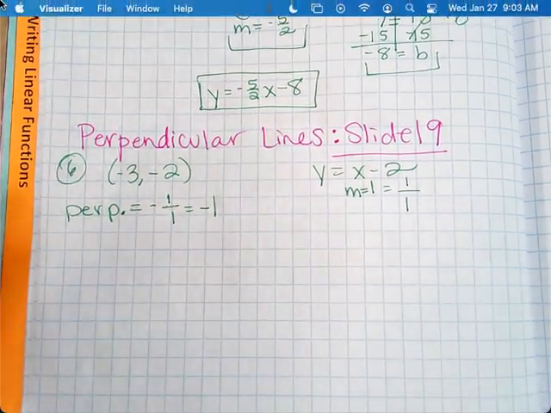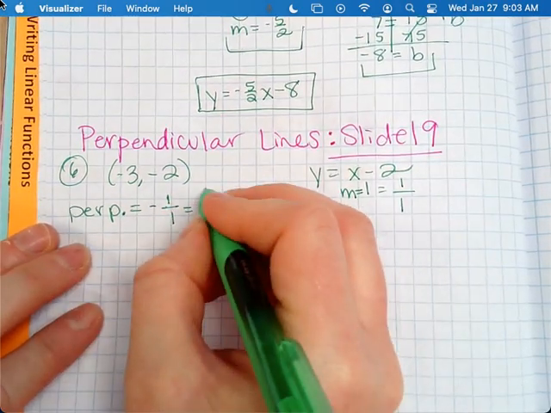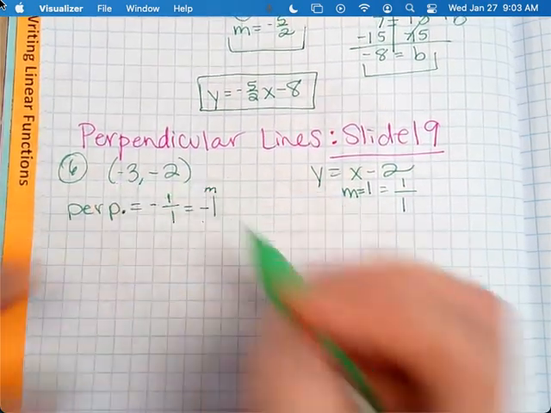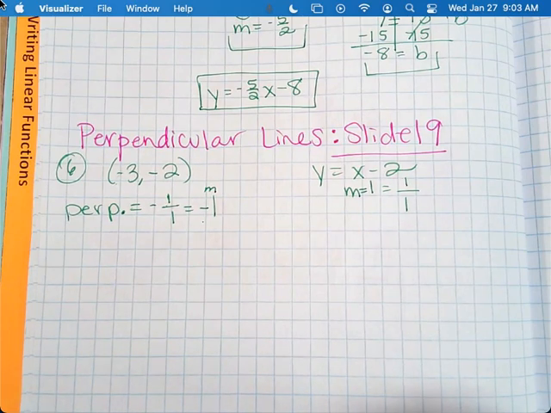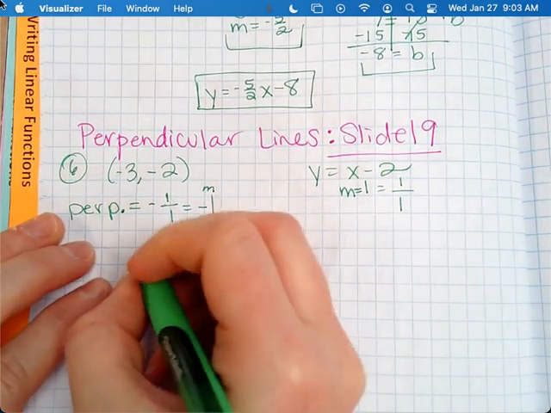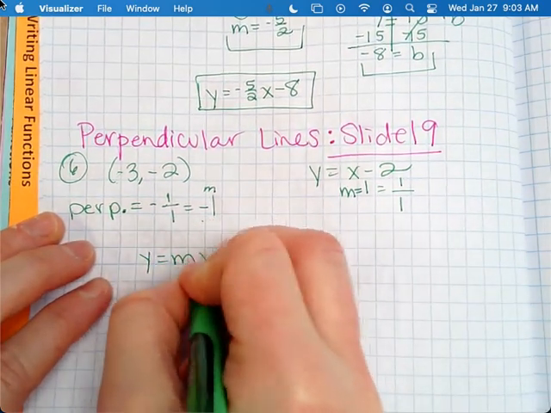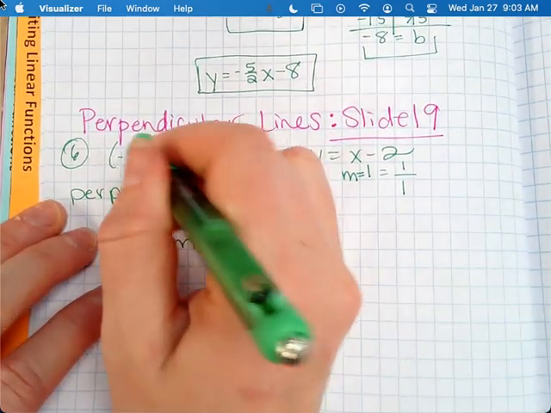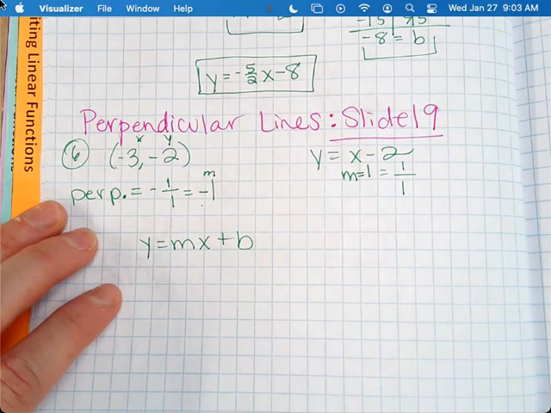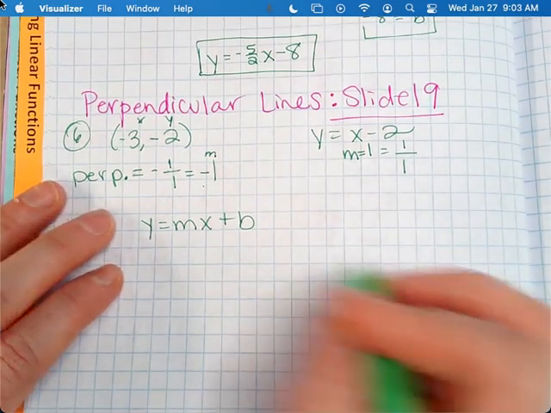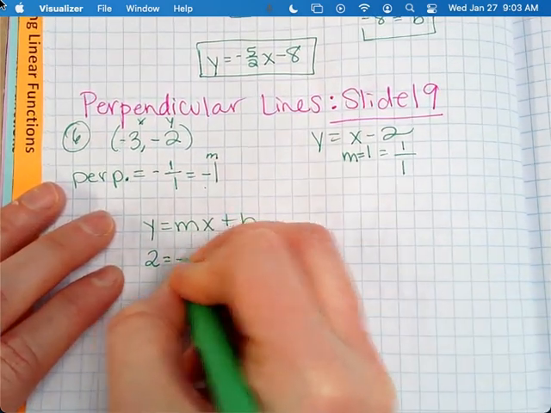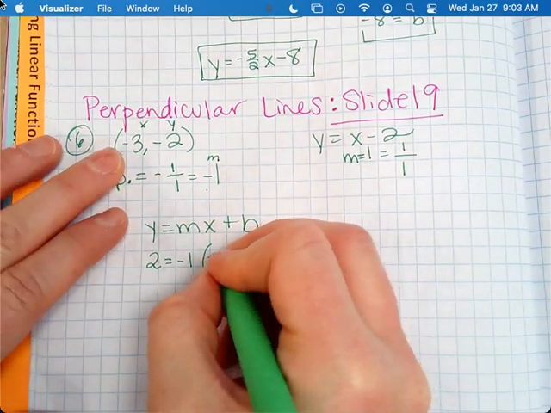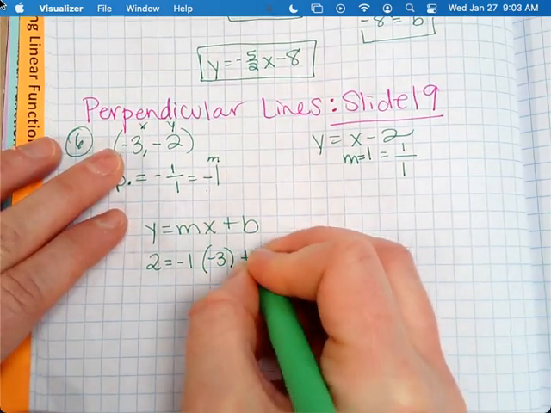So let's work it out with the slope of -1 and goes through that point, -3, -2. So y equals mx plus b. So we have x, y. We're solving for b. So -2 equals -1 times -3 plus b.